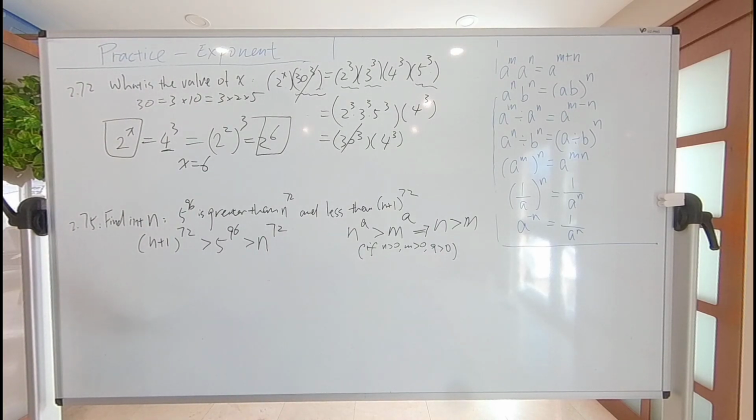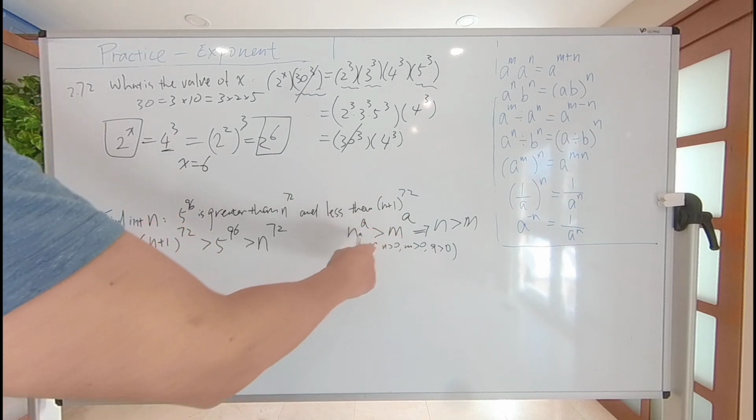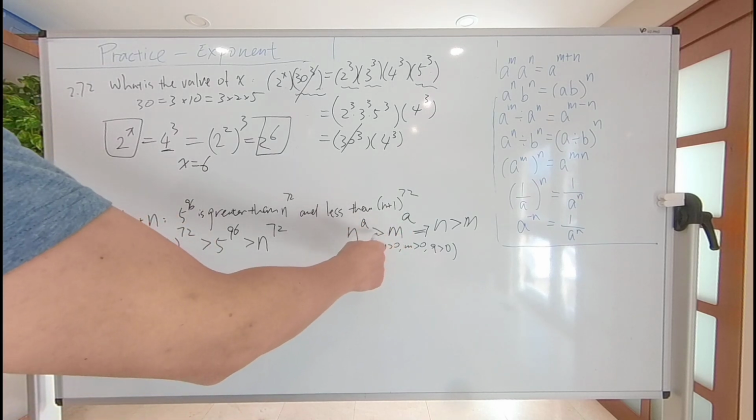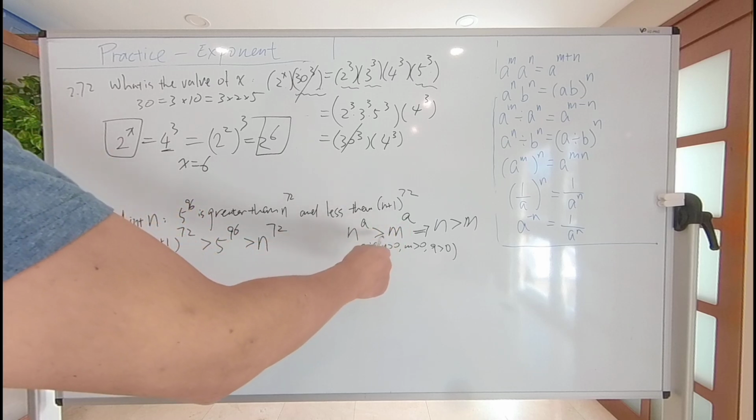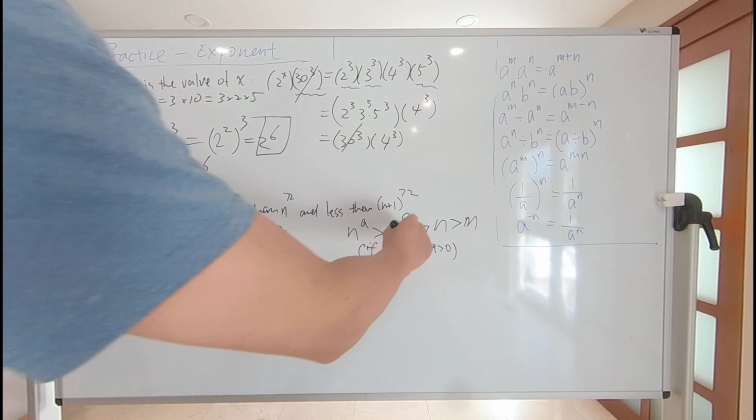You will learn this in inequality, but intuitively speaking, if these are all positive numbers, right? If n squared is greater than m squared, which means the number n is also greater than number m, or vice versa.